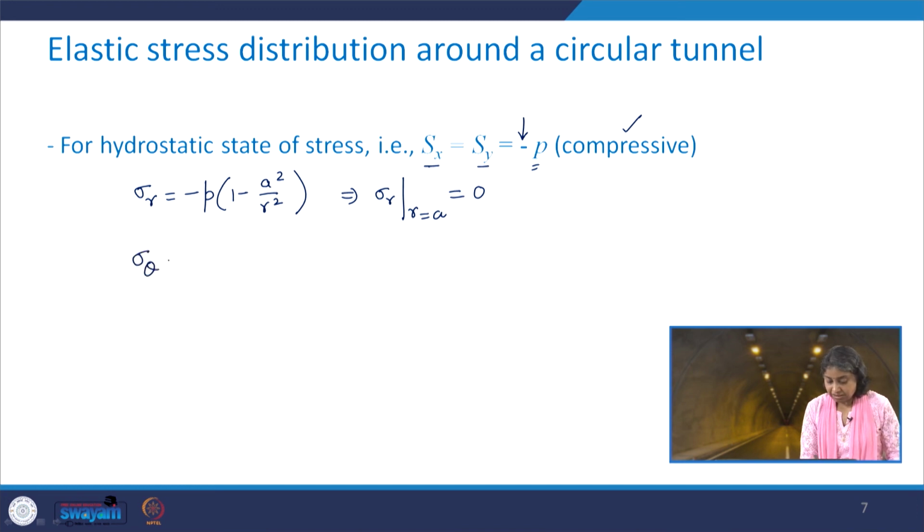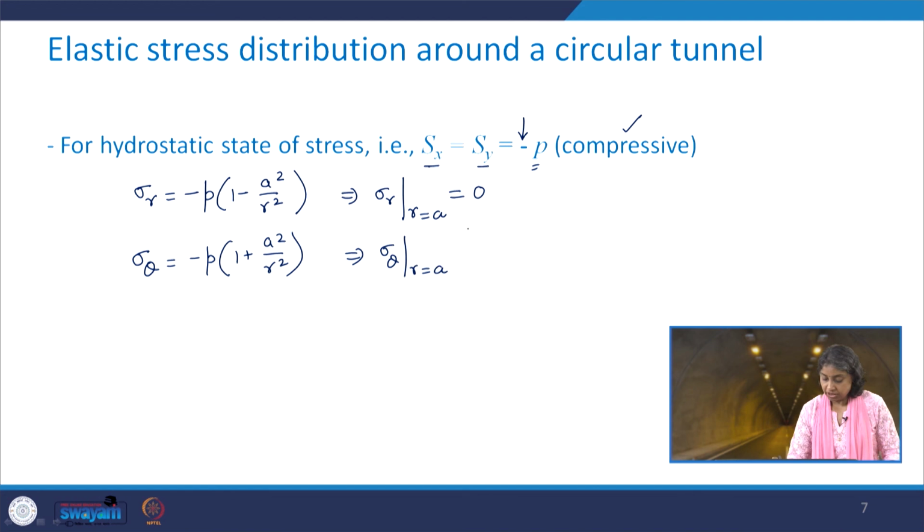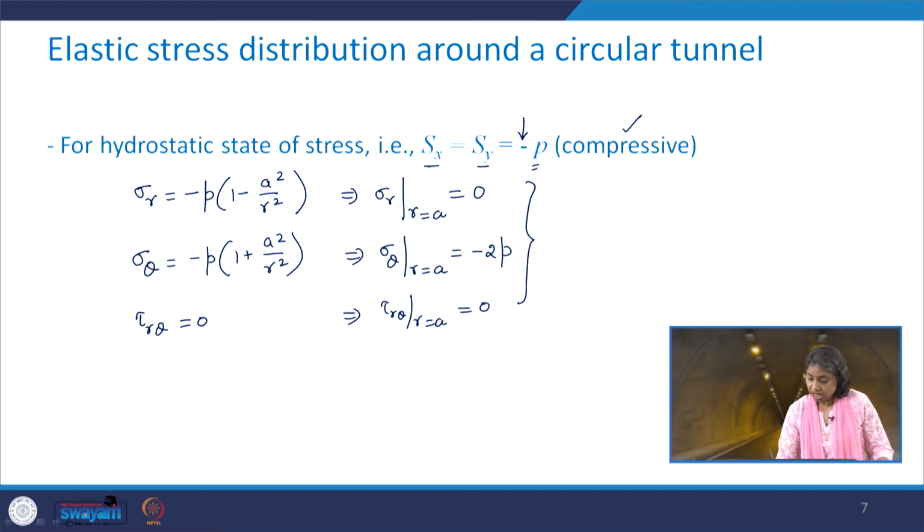Then sigma theta will be minus P times 1 plus a square upon r square, and if we want to find out sigma theta at r equal to a, what we have is minus 2 times the value of in situ stress, that is P. Now, tau r theta is going to be equal to 0 and tau r theta of course at r equal to a will be equal to 0. So, all these three equations I mark as equation number 13.